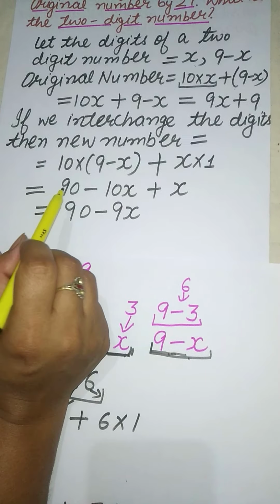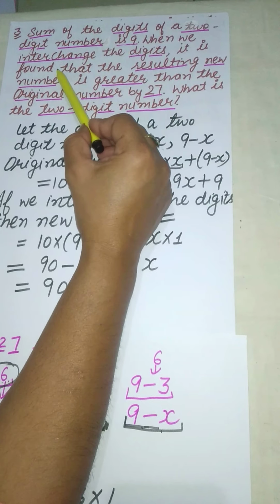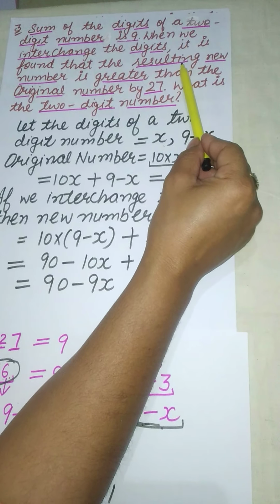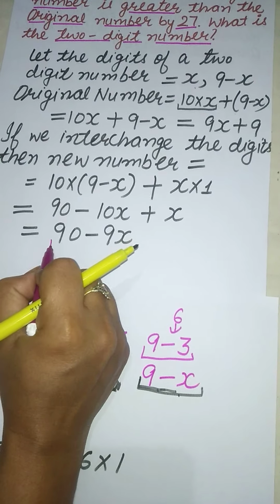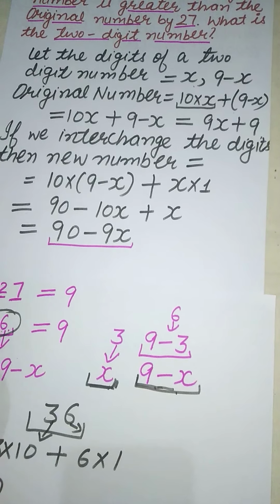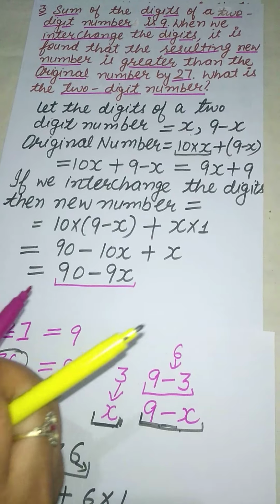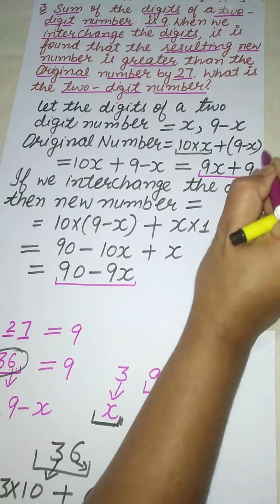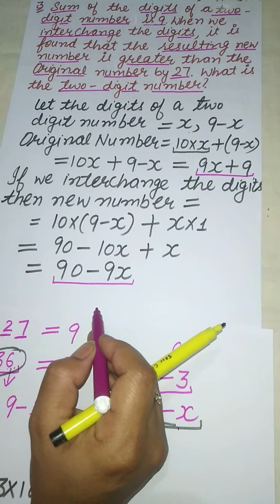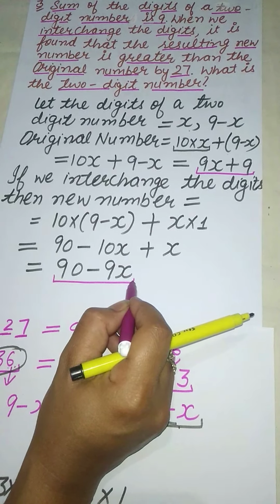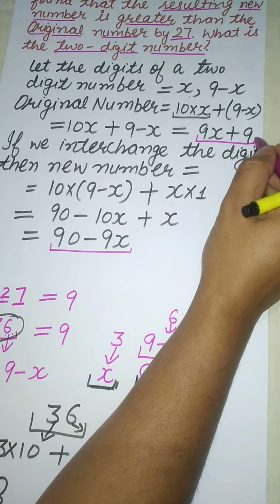Now the next condition is, it is found that the resulting new number, that is this 90 minus 9x, is greater than the original number. The original number is 9x plus 9, by 27. This new number is greater than the original number by 27.